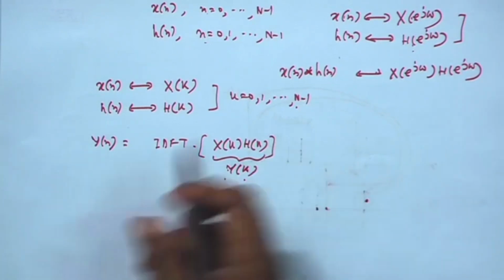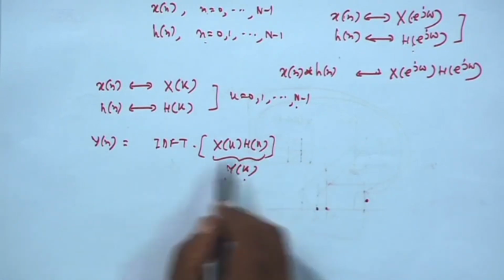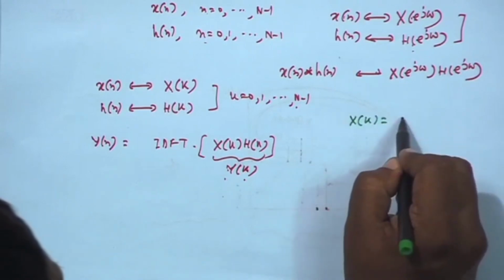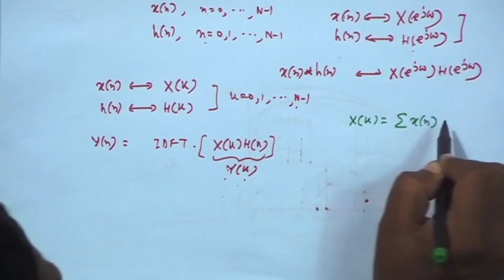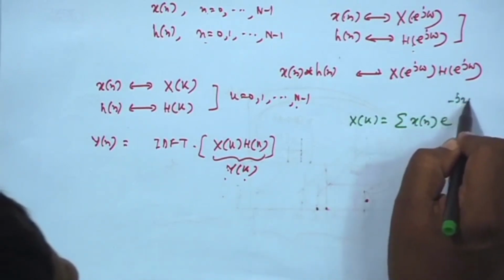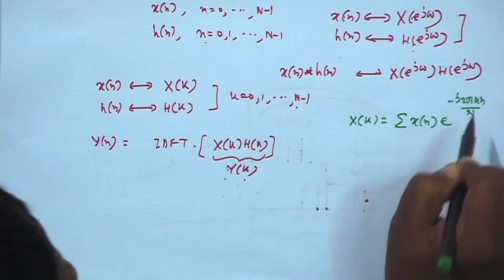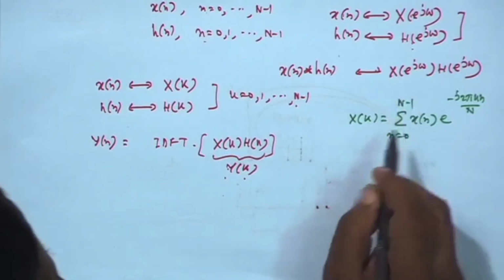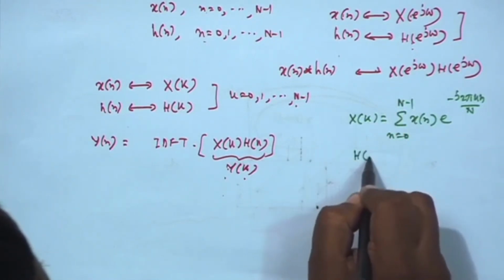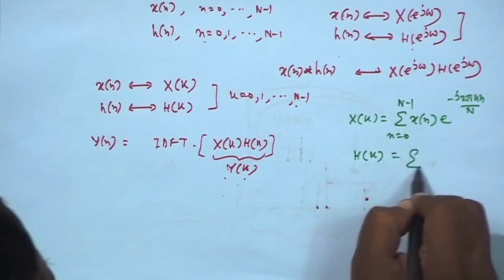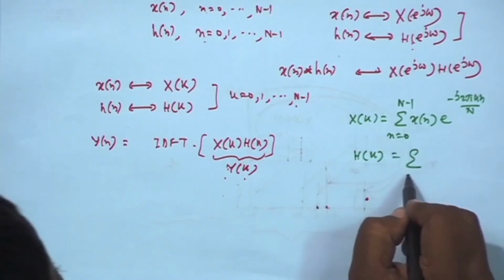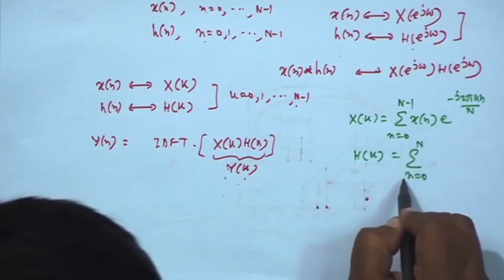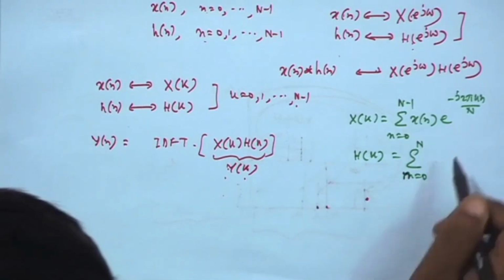To work that out, we carry out this. We know that x k is, instead of n, I give another symbol here, m.